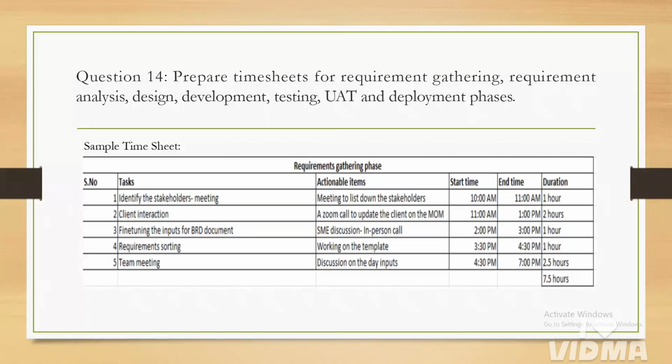In the requirement gathering phase, you can see this BA took 1 hour to identify the stakeholders and list them down. That is the task he has done, and he took 1 hour. The next task is client interaction. Actionable items are also required, so you write down client interaction using a Zoom call to update the client on the MOM, the minutes of meeting.